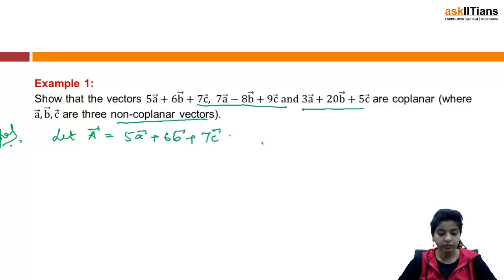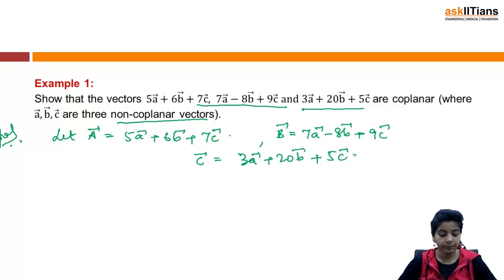Then I have B is 7a minus 8b plus 9c and C is 3a plus 20b plus 5c. We are required to show that these three are coplanar.